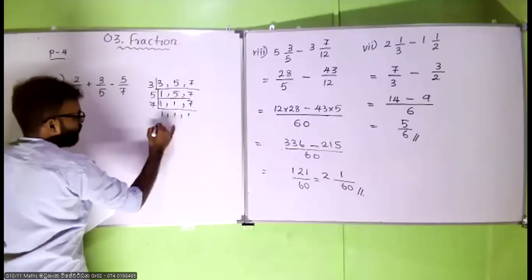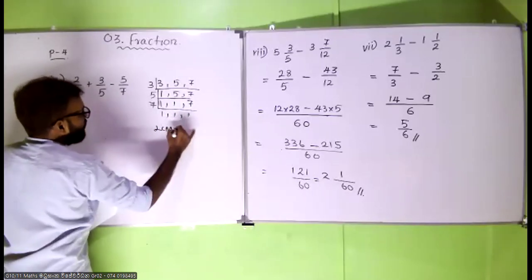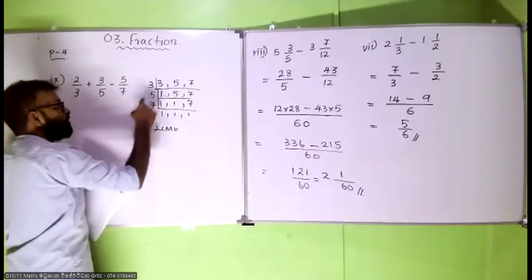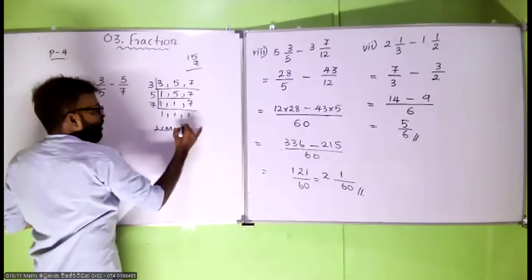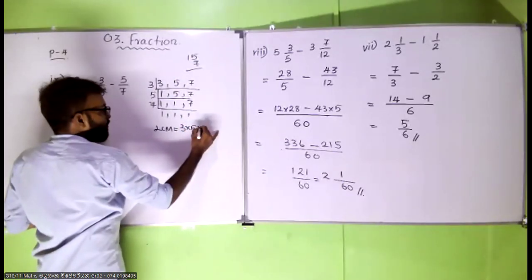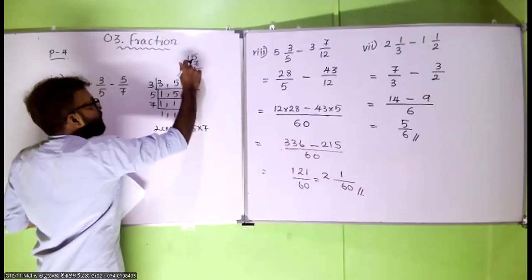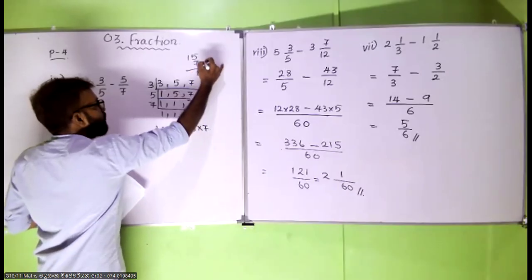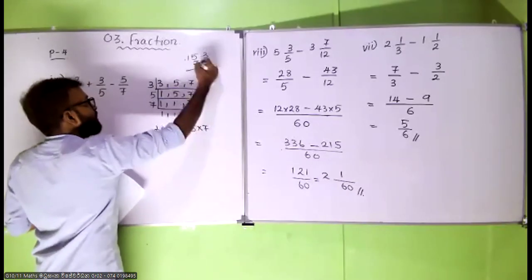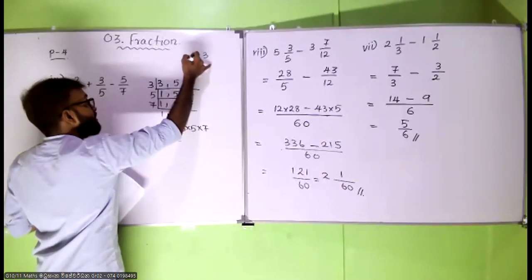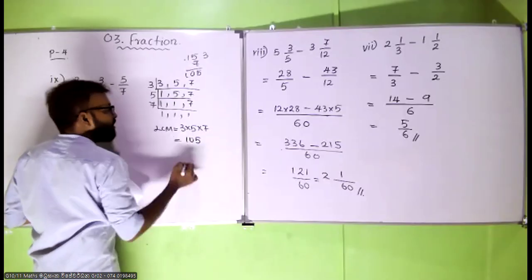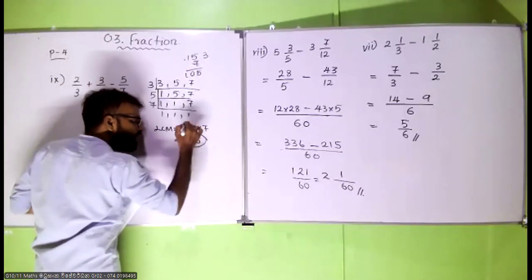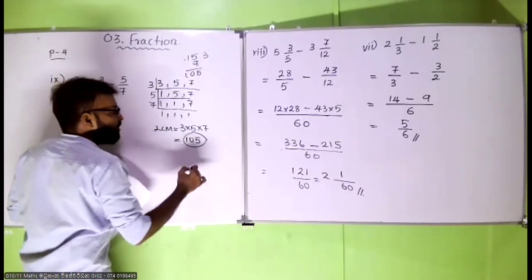So your LCM will be 3 times 5, 15, 15 times 7. You have to multiply these 3 numbers together. 7 times 5, 35, remainder is 3. 7 times 1, 7. 105. Right? So your LCM is 105. That means your common denominator is 105. Keep that in your mind.